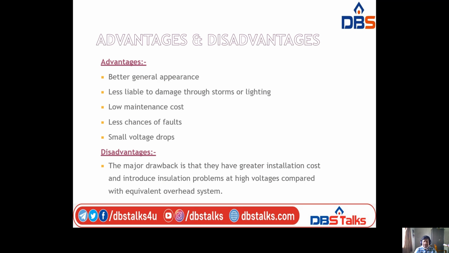The main advantages are better general appearance, less chance of damage from storms and lightning, low maintenance cost, less chance of faults, and small voltage drop. All these are features of cables. The main disadvantage is greater installation cost and installation problems as voltage increases. This is about cables.